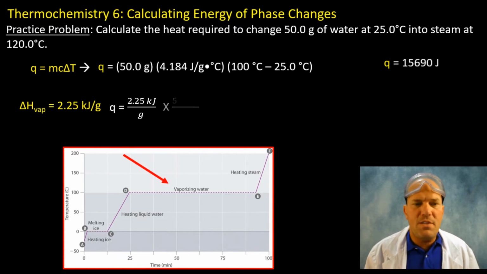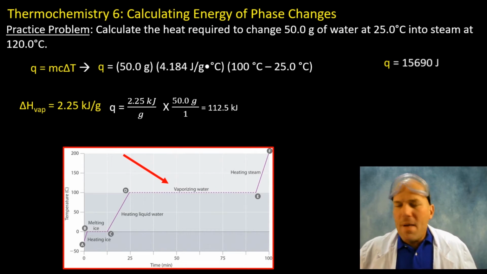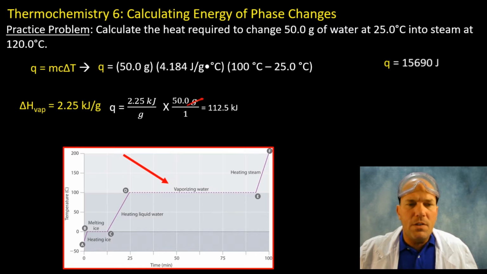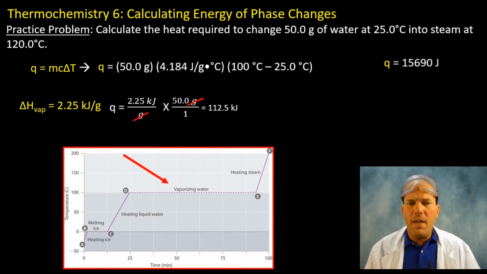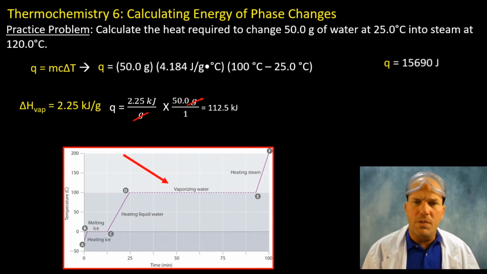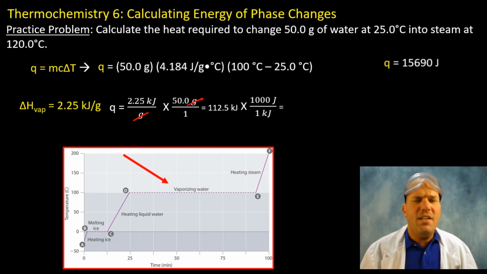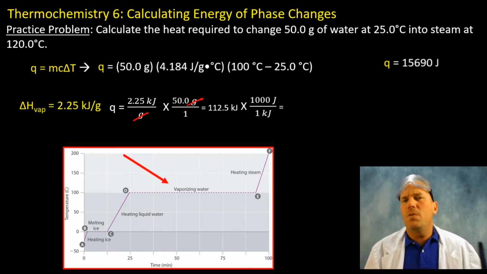Let's do a little dimensional analysis here to convert this over. We have the amount, and the amount is given to us in grams. And when we do this, we end with 112.5 kilojoules. Let's continue dimensional analysis and go ahead and convert this into joules.